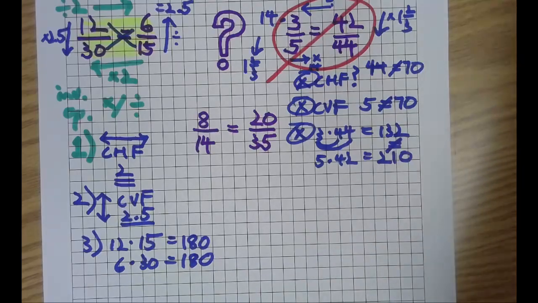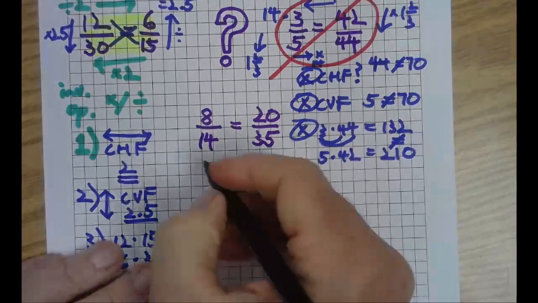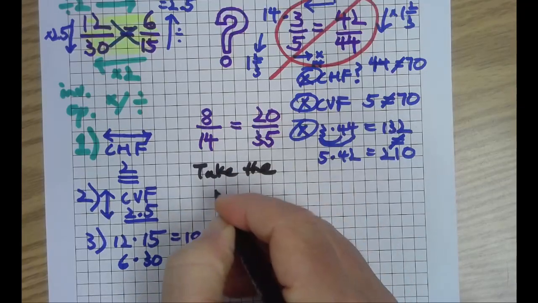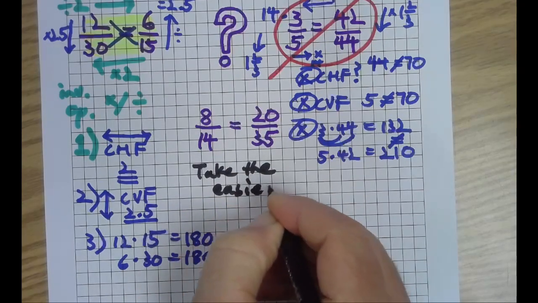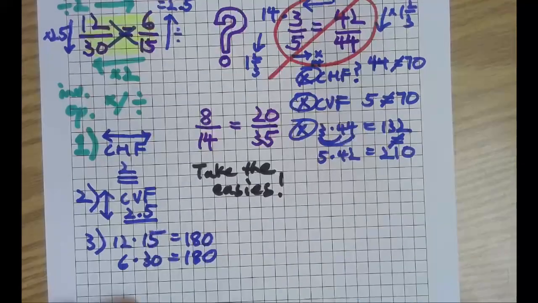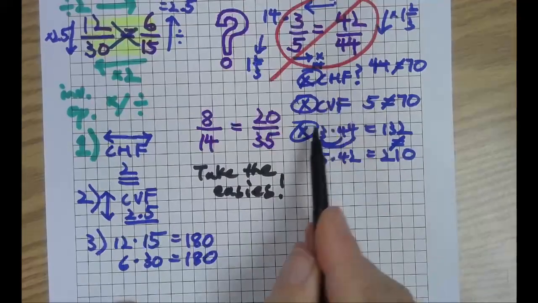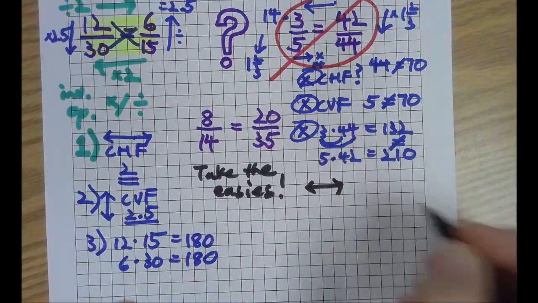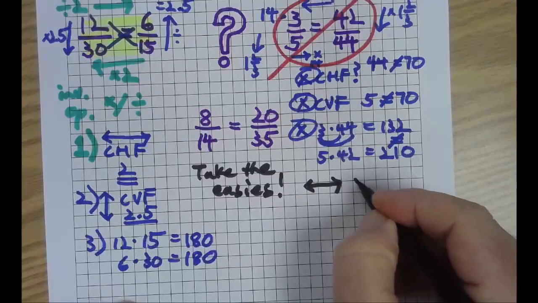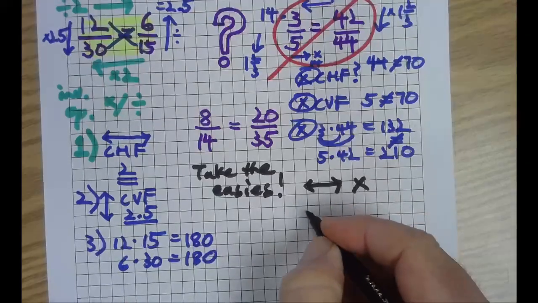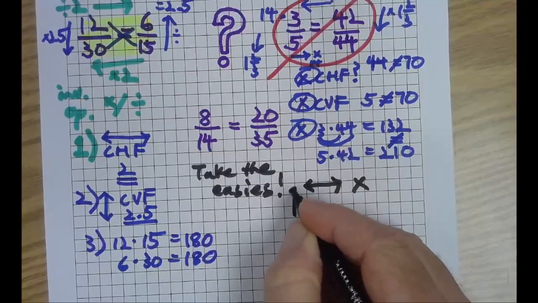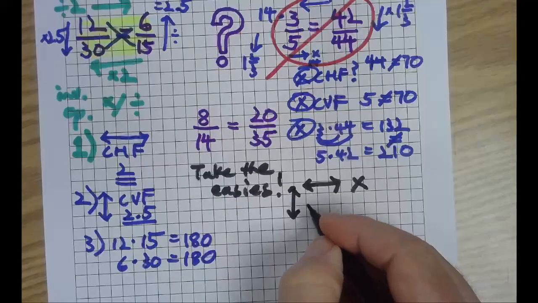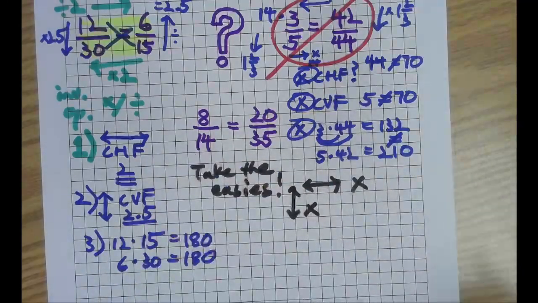I say this in class frequently. Take the easies. We have 3 tests to choose from here. We've got common horizontal, common vertical, and cross. So we took a quick look at horizontal, and we were thinking, nah, probably a decimal or a fraction. And then we took a quick look at vertical, and once again, nah, it's a fraction or a decimal.